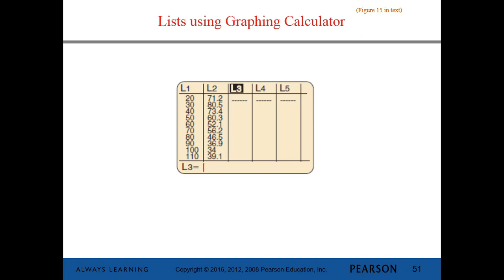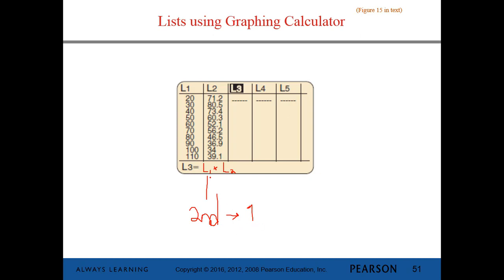So you would type in L1 times L2. Now the way you get L1 and L2 is you would do second and then the number. So you would hit the second key on your calculator, and then you would go to the number key that you want.